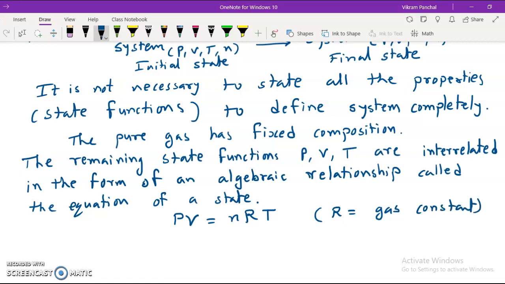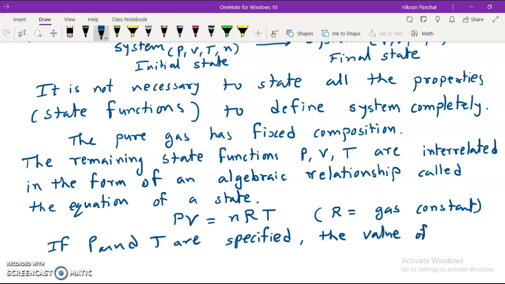Okay, out of these three variables, pressure, volume, temperature, if pressure and temperature are specified, the value of the third, volume, is fixed automatically, and can be calculated from this equation.